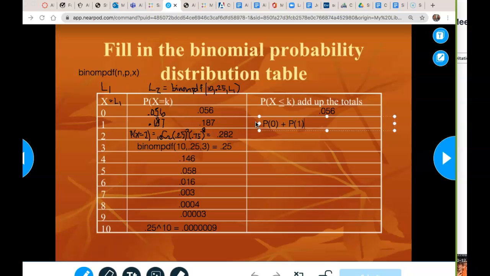This is the CDF function. Add up the totals. So we're going to do 0.056 plus 0.187, which is 0.243. Our calculator finds it really quickly by using binomial CDF.